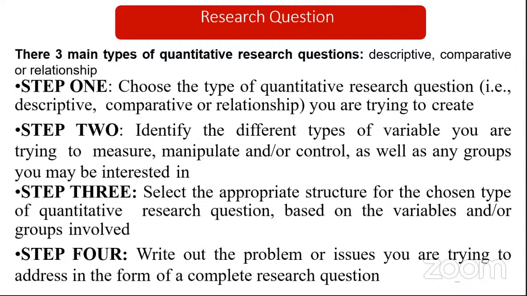Except in a purely descriptive study, we may not have which one is dependent and which one is independent. And maybe in some correlational studies, we may not say exactly which one is dependent and which one is independent. But we have techniques that can help us analyze the data.